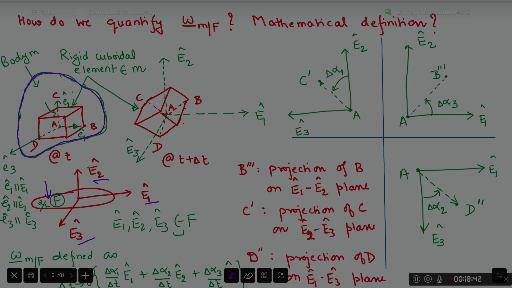That material cube is shown in red color here, and I have labeled 4 of its vertices A, B, C and D. Now at time t, this cube is oriented in a manner such that the unit vector small e1 is along AB, the unit vector small e2 is along AC, and the unit vector small e3 is along AD.